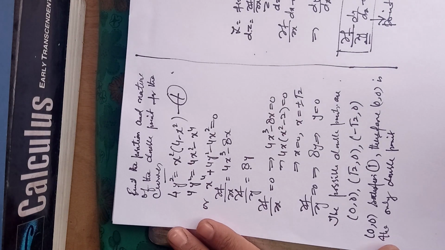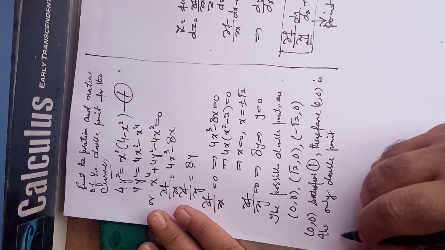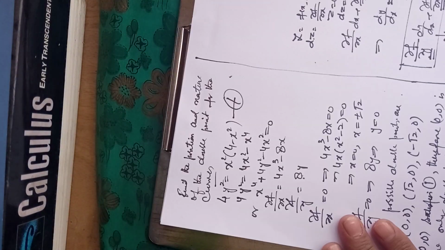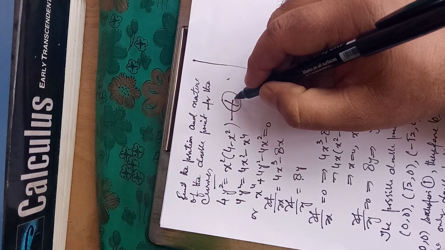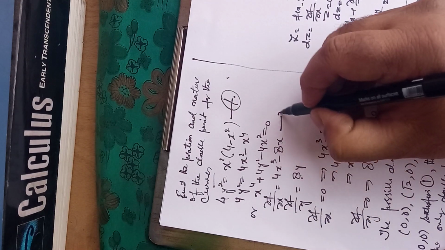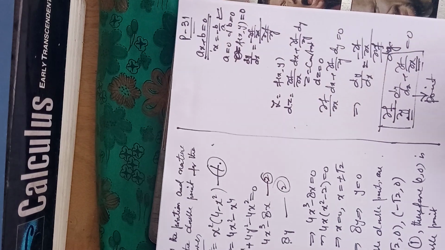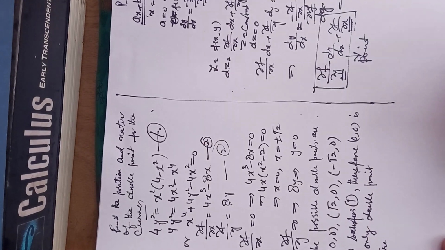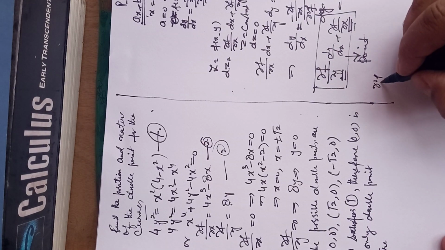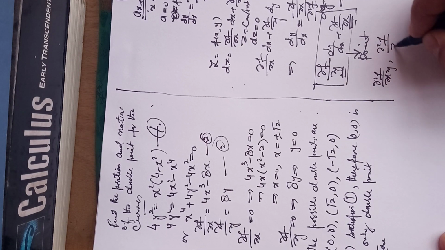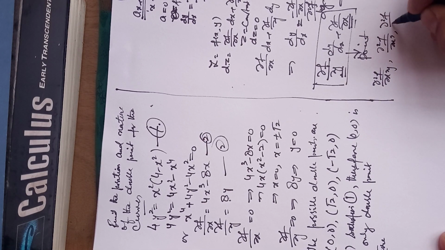Now, to find the nature, you see this is the given equation, this is del f/del x and this is del f/del y. I need to find del²f/del x del y, del²f/del x² and del²f/del y².